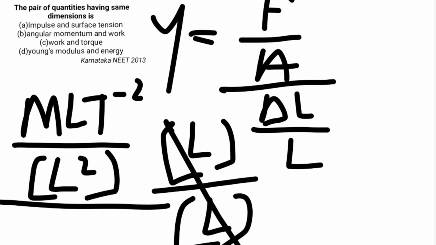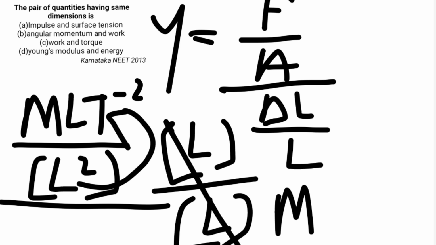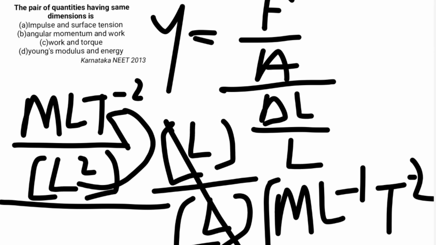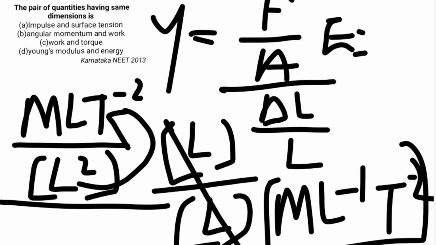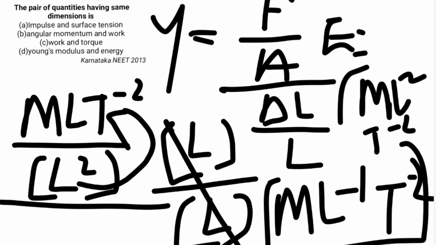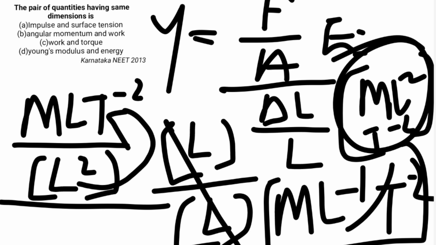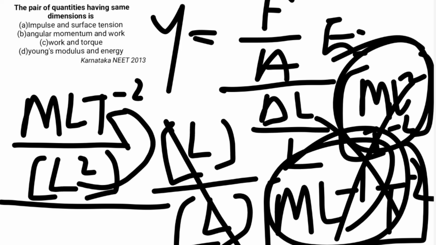Let's solve this. L square, when it comes here, L raised to minus 1, ML raised to minus 1, T raised to minus 2. This is the dimension of Young's modulus. Then find out the dimension of energy. We already know that the dimension of energy is ML square T raised to minus 2. This and this are not the same, therefore the option D also wrong.